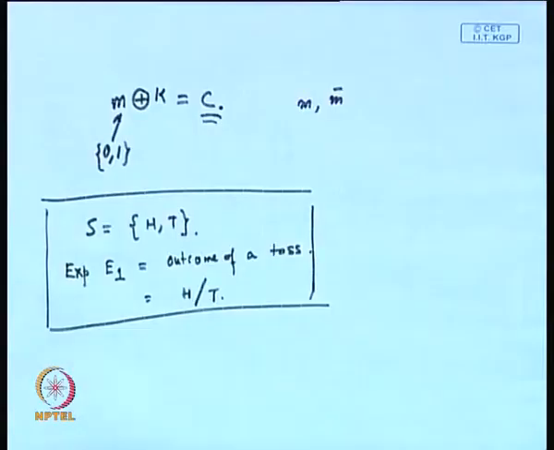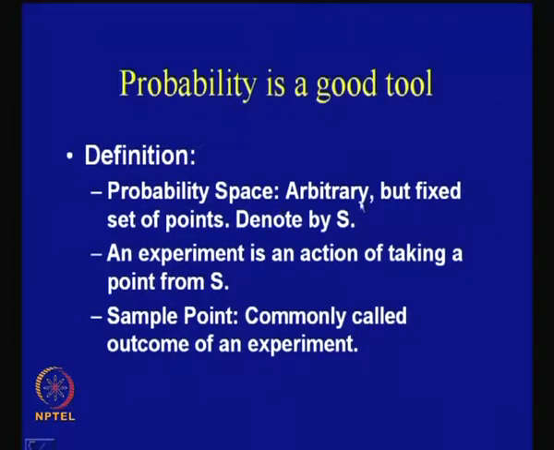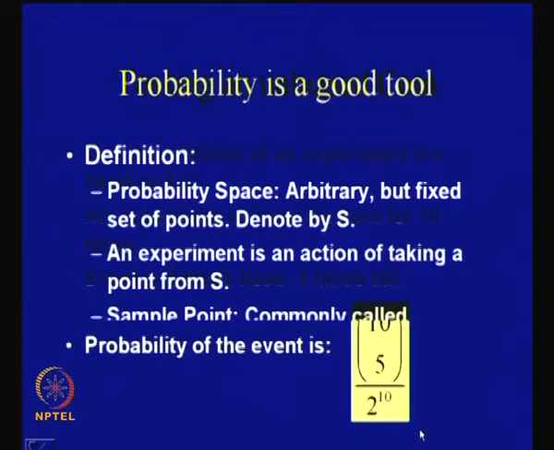If I make it a little more general, the probability space is an arbitrary but fixed set of points, for example head and tail, though it could be more than that, and we denote it by S. The experiment is the action of taking a point from S, so it just chooses a point from this sample space. This is a sample point, which is commonly called the outcome of an experiment. You toss a coin, it's either head or tail. So the head or the tail is a sample point of the experiment.